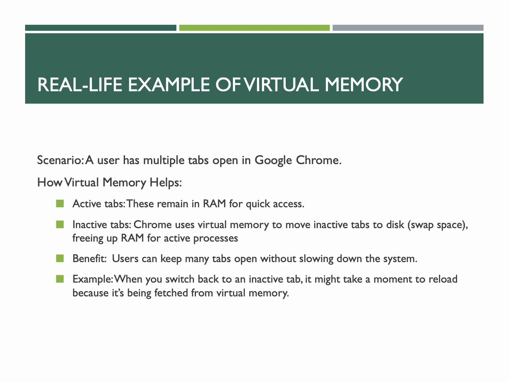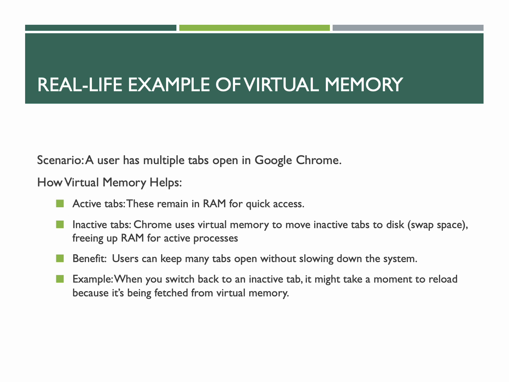To better understand virtual memory, let's look at a real life scenario involving Google Chrome. A user has multiple tabs open in Google Chrome. So how does virtual memory help?